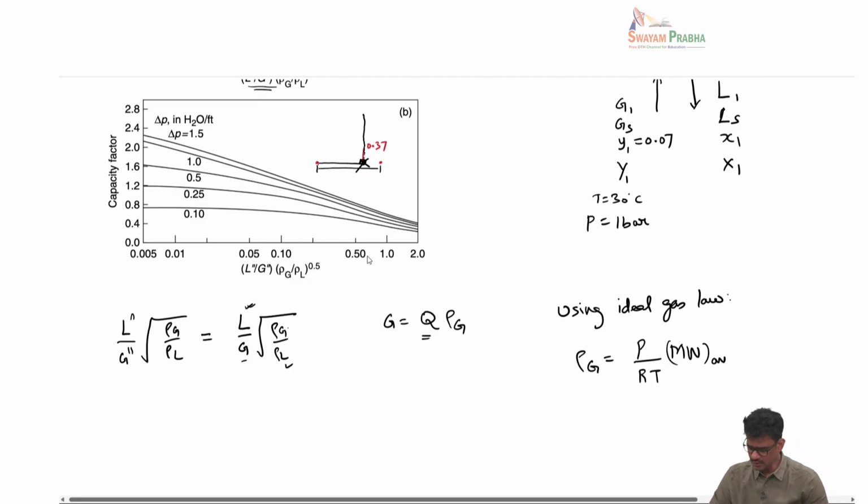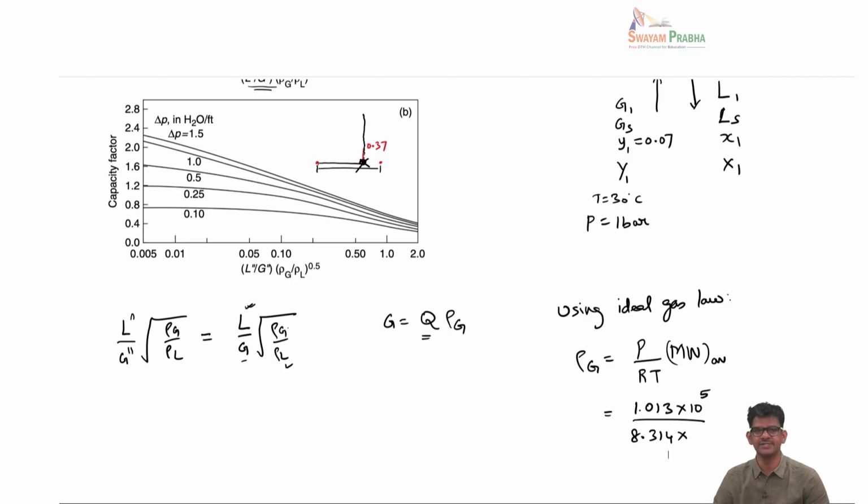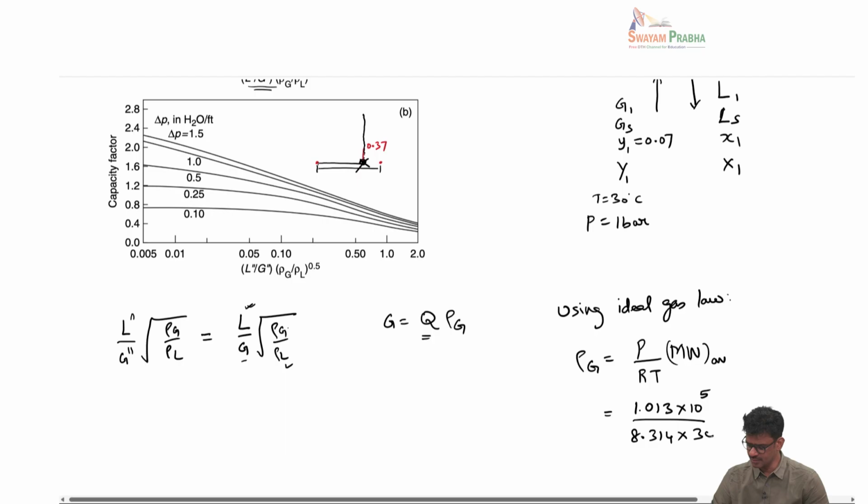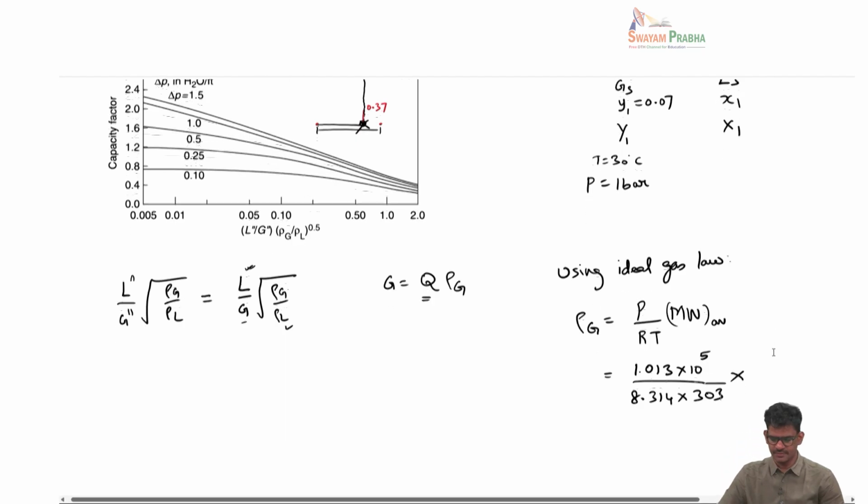Pressure is mentioned here as 1 bar. I am going to do everything in SI units and then later change to English units. 1 bar is so many pascals, then the gas constant, and the temperature is 30 degrees Celsius, but we have to use Kelvin, so it will be 303 Kelvin.